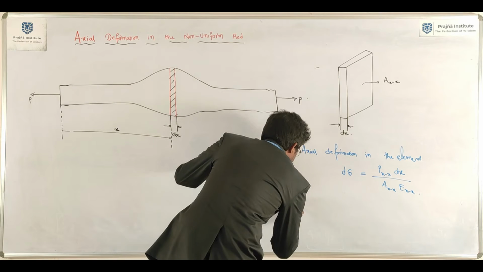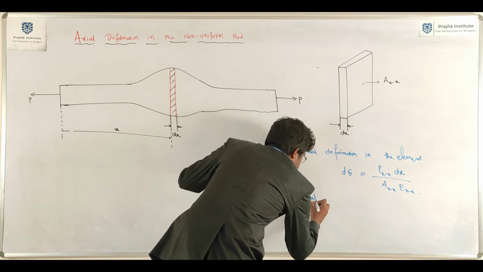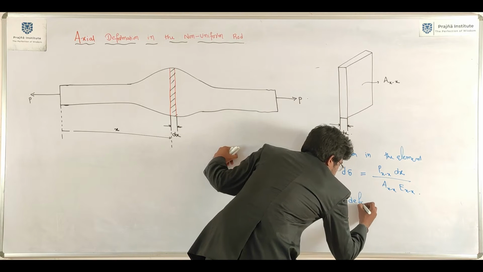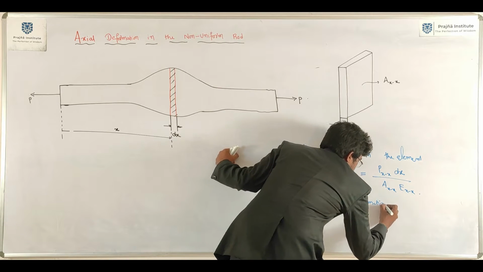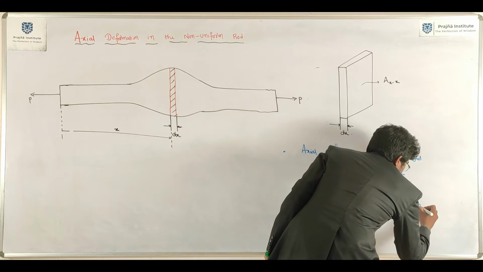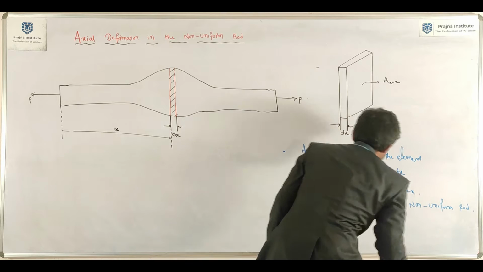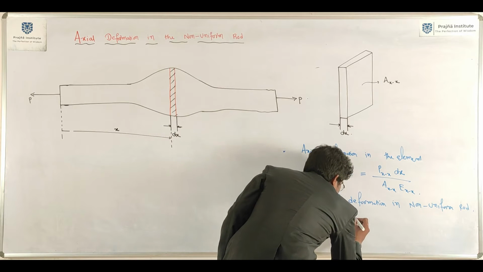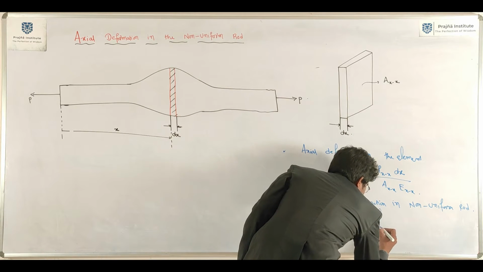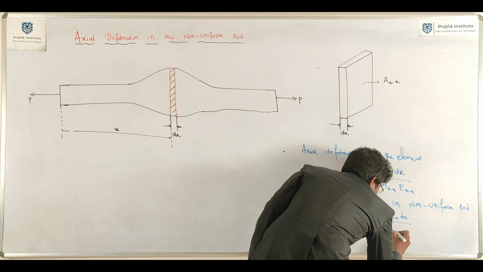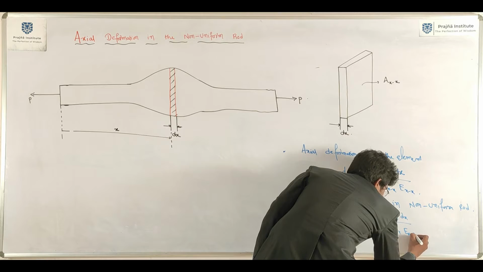Now, total axial deformation in the non-uniform rod. It is very simple. d delta, integration on both sides, Pxx dx by Axx Exx.